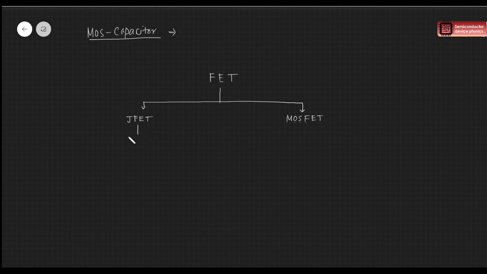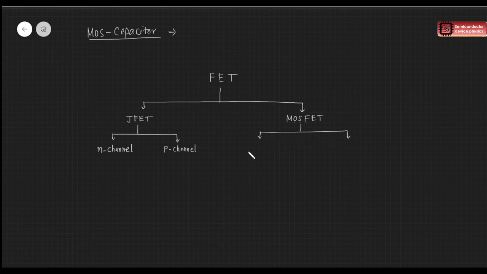And for the JFET we have studied that there are two different types. If the channel is N type semiconductor, then we call it an N channel JFET, and then we have the other, P channel JFET, right? And the MOSFET, basically, broadly there are two different types.